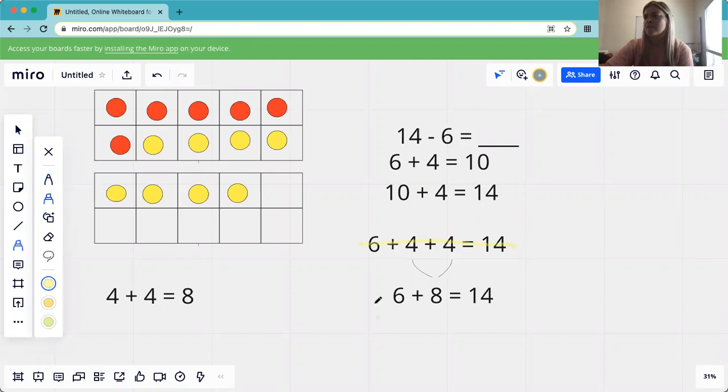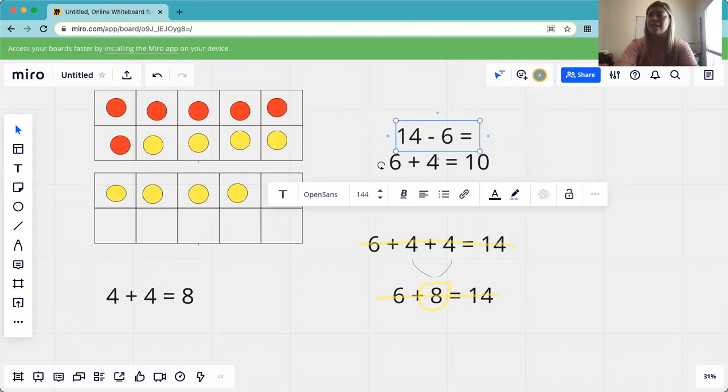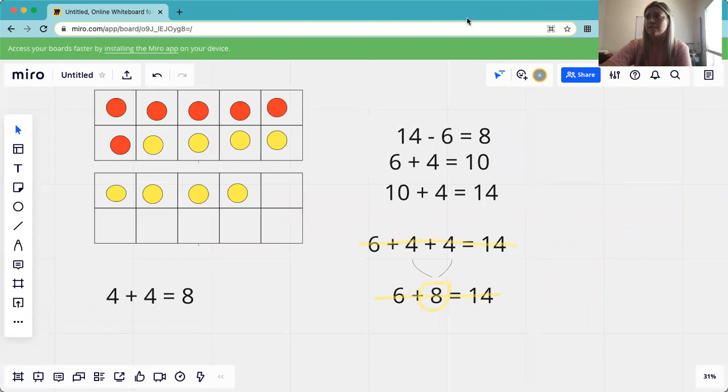Both of these ways show how I got that number. So this number right here is going to be my answer: 14 minus 6 equals 8. Again, 14 minus 6 equals that 8.